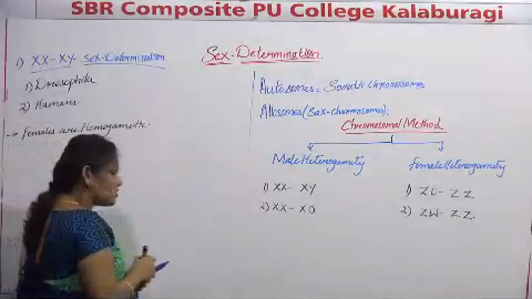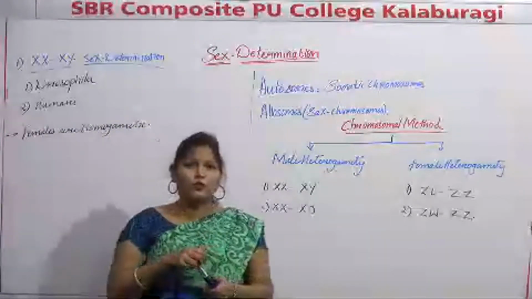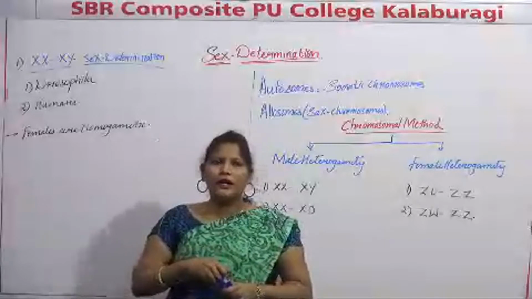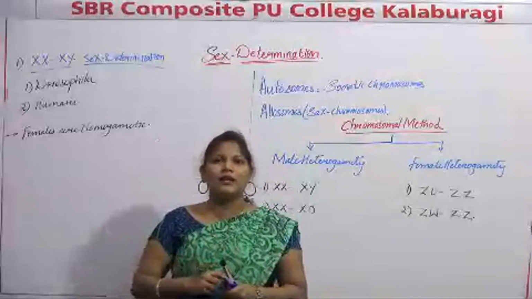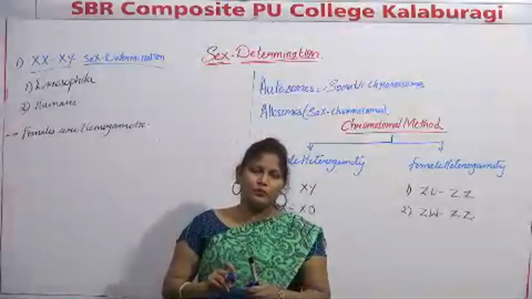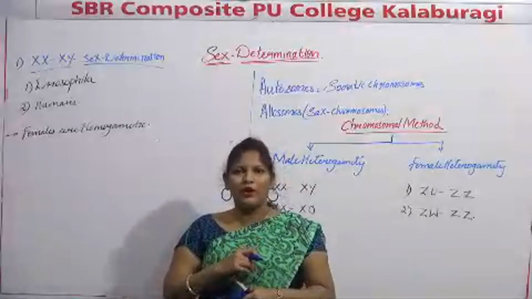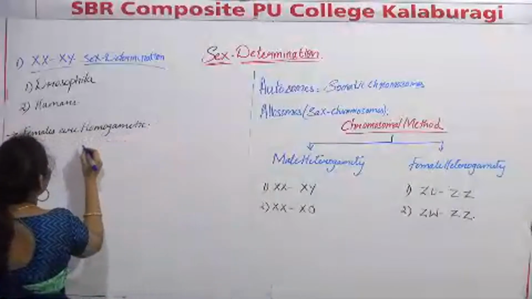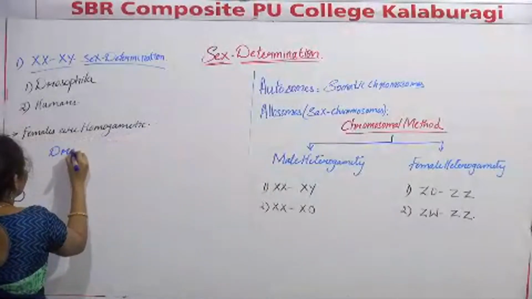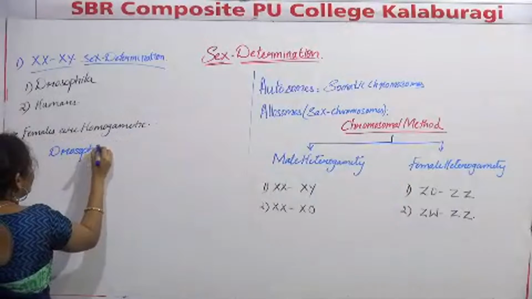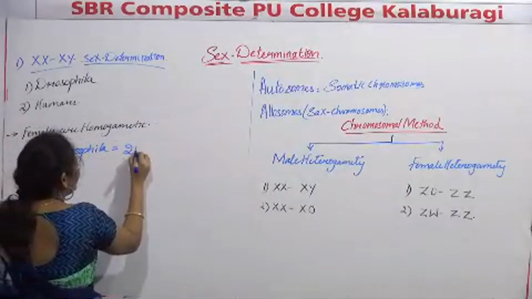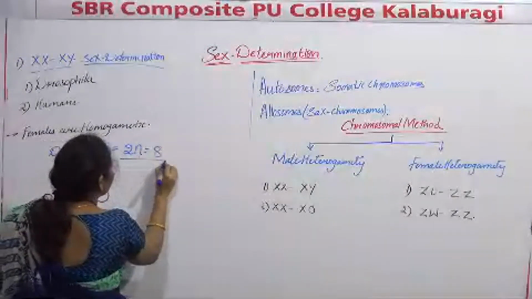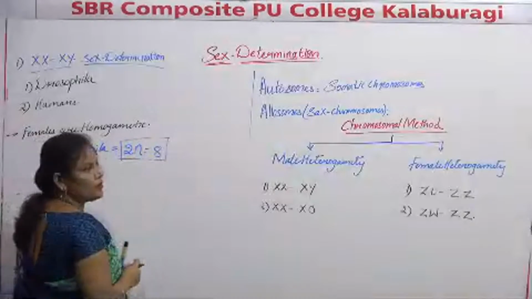They will produce ova of only one type. All the ova carry only one X chromosome. Gametes are always haploid. In Drosophila, 2n is equal to 8 chromosomes.